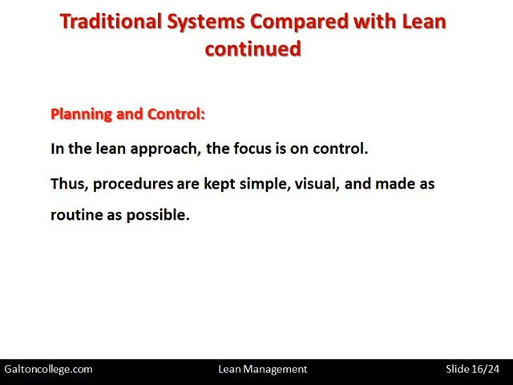That's an issue that needs to be addressed. So that's a downside of the system. But for the moment, in terms of the functioning of the lean approach, the aim is to have simple processes, ones that are easy to see and easy to understand and are as routine as possible.